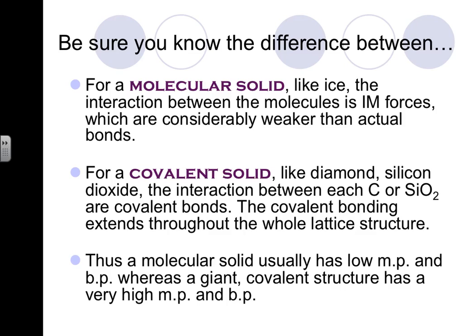So the final bullet point is the overwhelming idea. Thus, a molecular solid usually has lower melting points and boiling points, whereas a giant covalent structure tends to be very high in melting point and boiling point both. Okay, so hopefully that slide helps just to solidify the difference real quick.